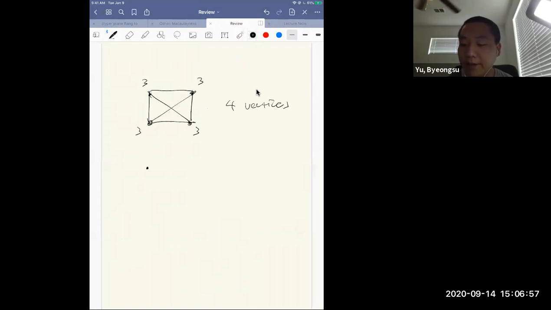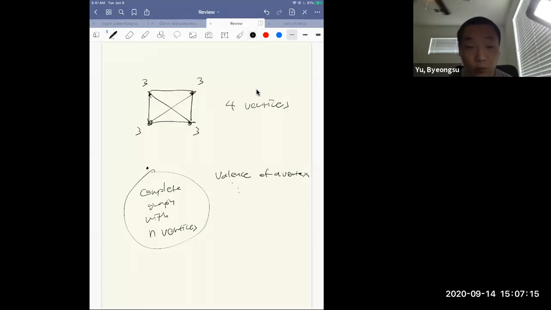Then for a complete graph with n vertices, the degree of each point is n minus 1, because complete graph means that every pair of vertices has an edge, right?